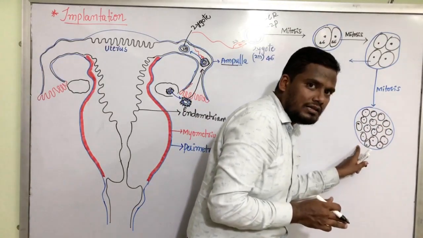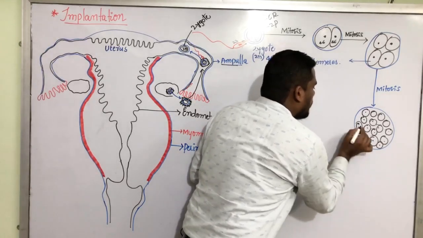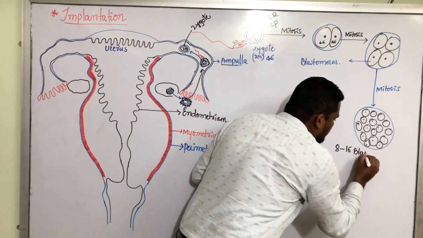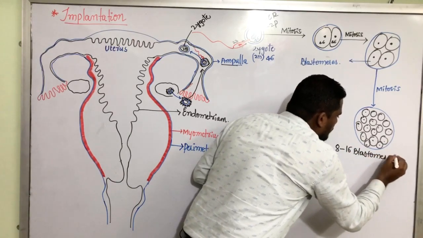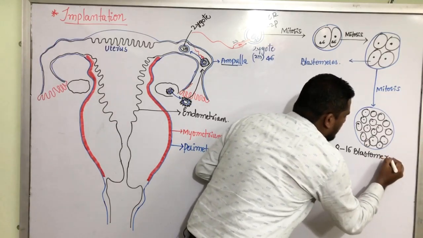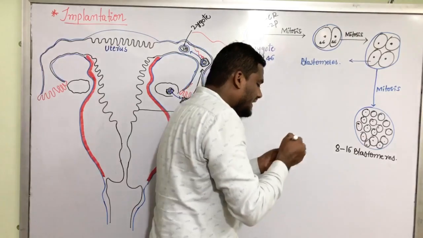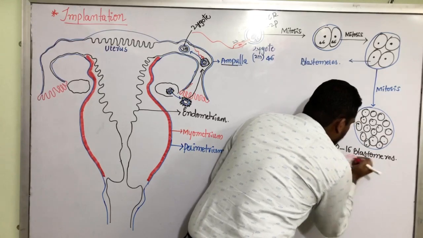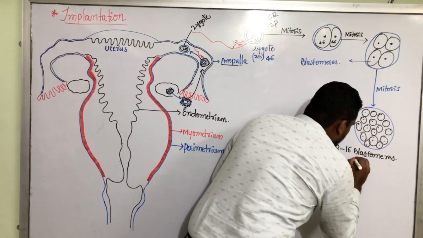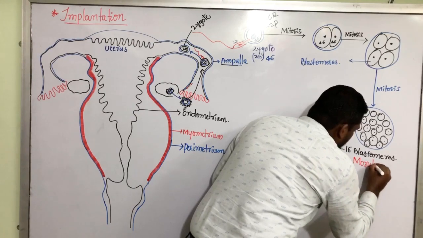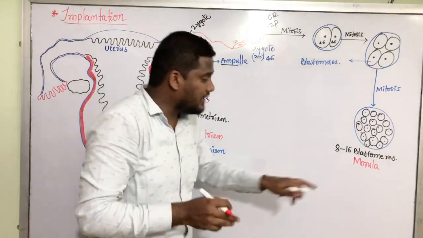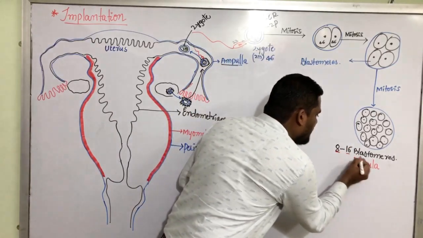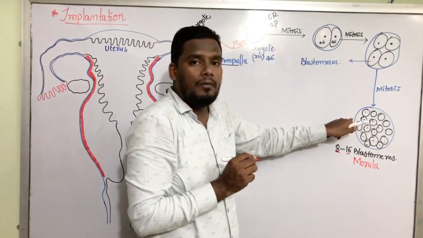This structure which consists of 8 to 16 blastomeres has been given a particular name, that is morula. What is morula? The structure which consists of 8 to 16 blastomeres is called morula.